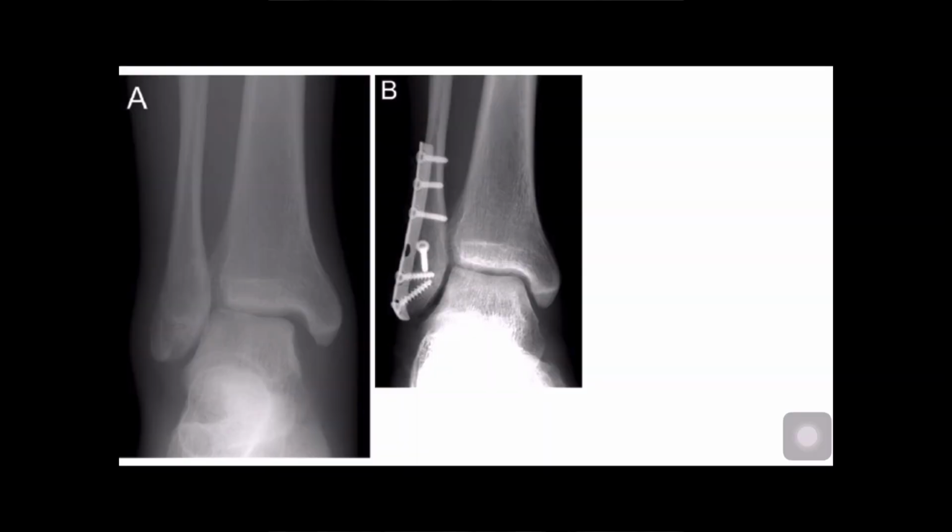So what was done in such a case? The surgeon fixed the fibula only. After fixing the fibula, he might have thought, okay, I'll decide intraoperatively whether there is a syndesmotic injury or not. So he tried to do the cotton test. The cotton test findings are insignificant actually.